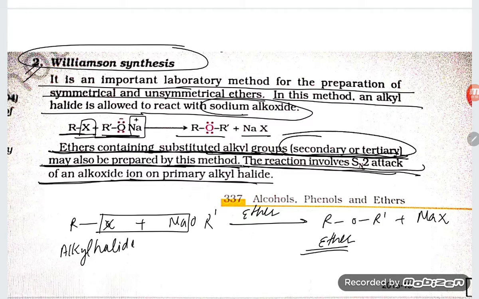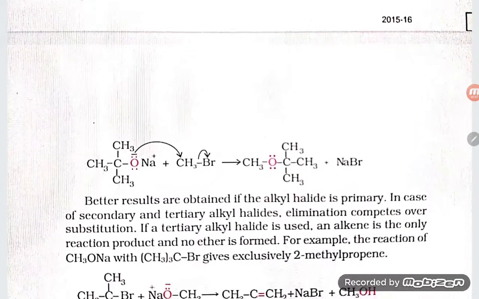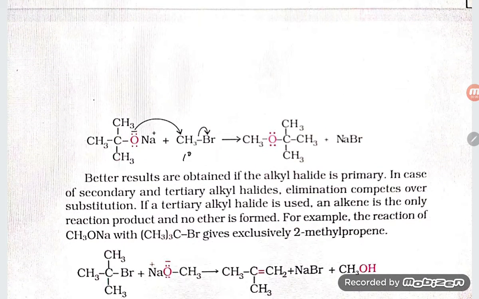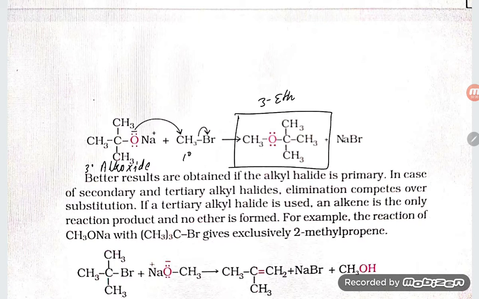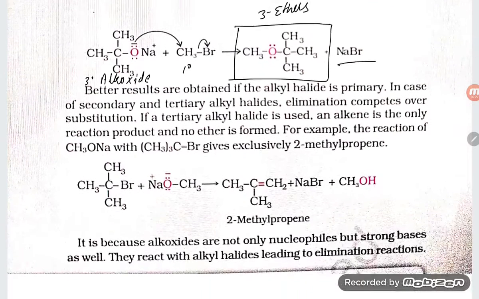The reaction involves SN2 attack by the alkoxide ion on a primary alkyl halide, that is, the alkyl halide should be primary. This is the 1 degree alkyl halide and that is a 3 degree alkoxide. A 3 degree alkoxide is a strong base, so this is the product: a 3 degree ether, plus NaBr.